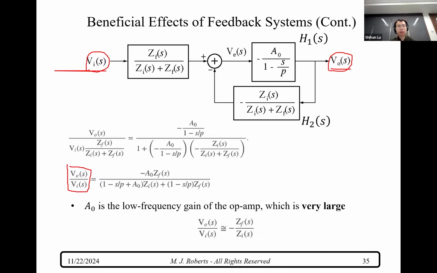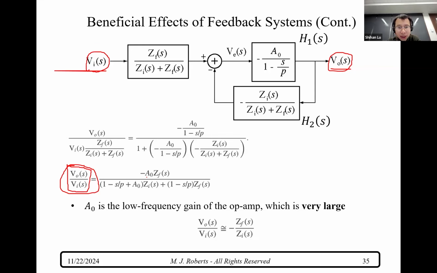So this term is essentially the transfer function of the overall system. Let's take a look at the detailed expression of this transfer function on the right side of the equation.